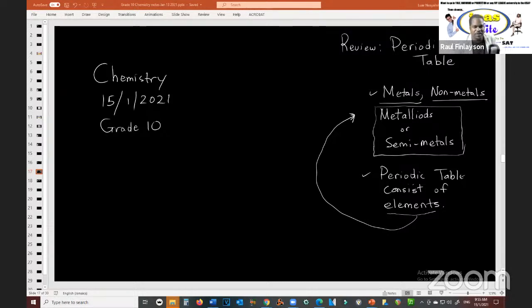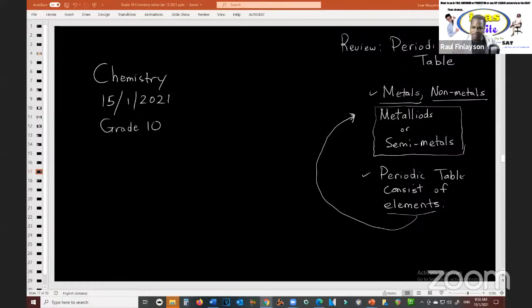There are many reasons why we put them in rows and columns. The same thing applies to the elements on the periodic table. There are many reasons why they are placed in rows and columns, and we're going to learn those reasons today.